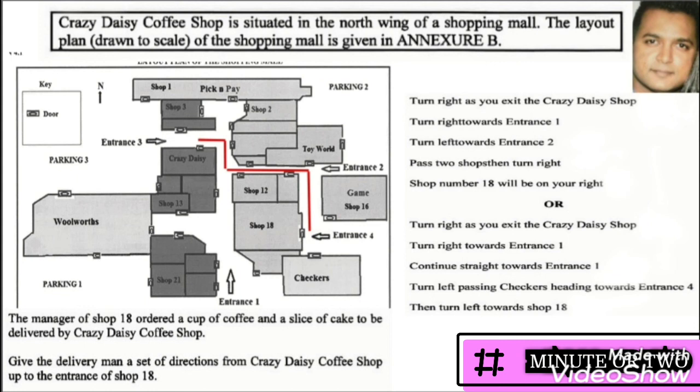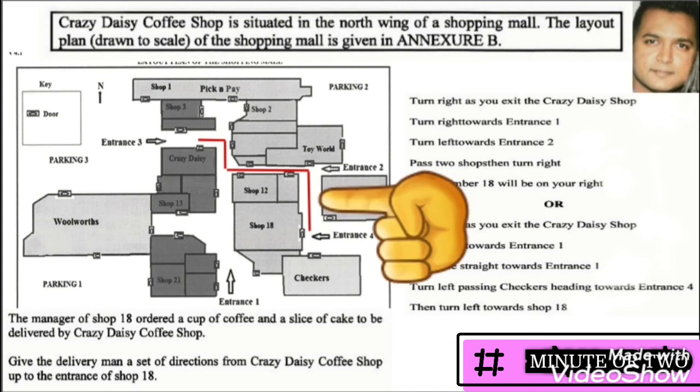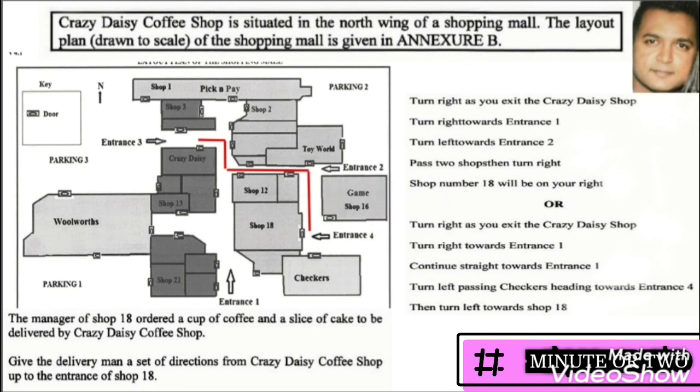We pass 2 shops on our right, and once we pass the 2 shops on our right we will be taking the right. So once we take our right, we notice that we will be facing the entrance of shop 18, and as we walk a little further down, that shop 18 will be on our right.